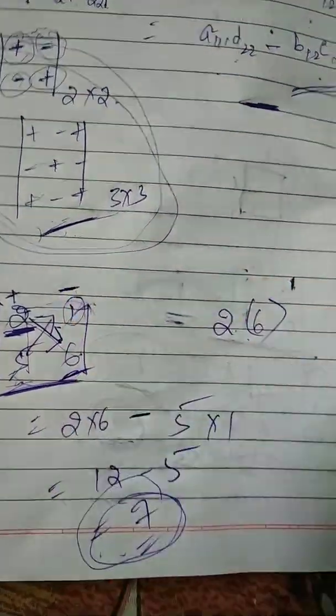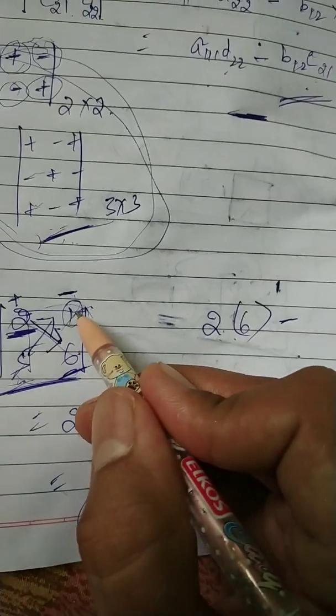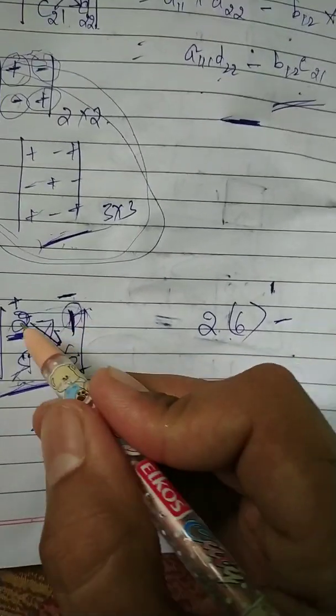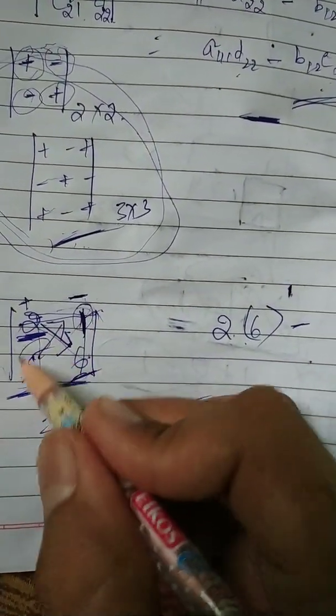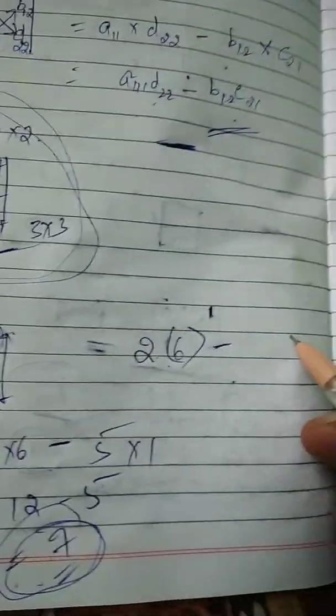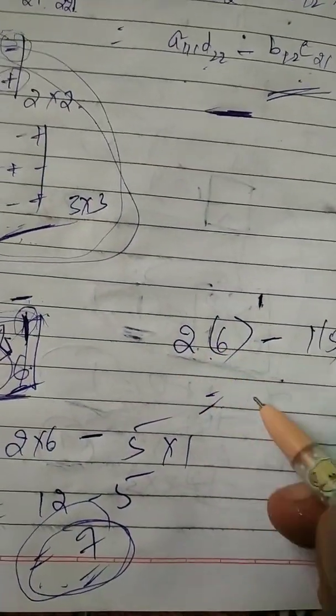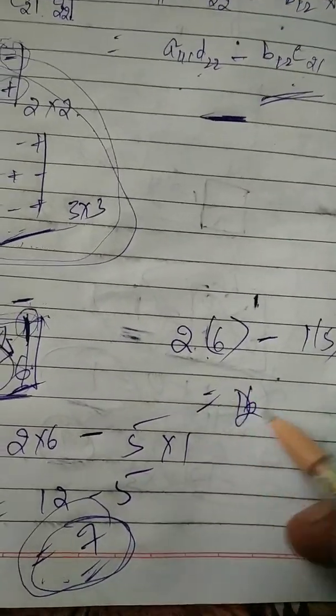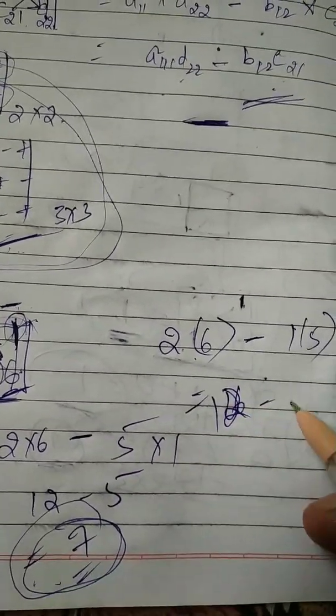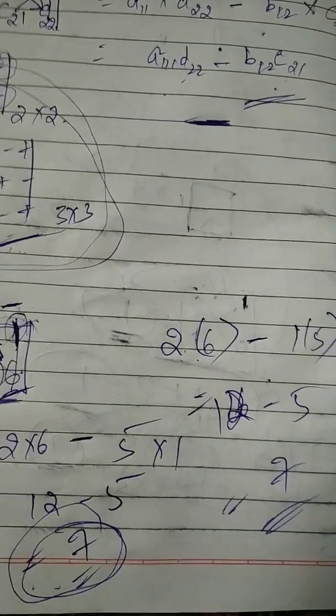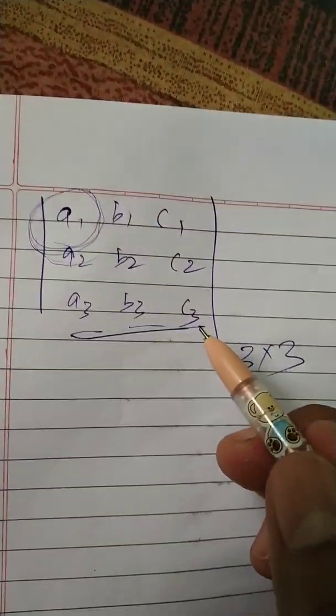And what is the sign we have here? Minus. Now what is the determinant of this one? If you are cancelling this, the remaining is 5. So that becomes 1 times 5. That is where we get 2 times 6 is 12, and 5. So that is 7. Similarly, we are supposed to do the same here.